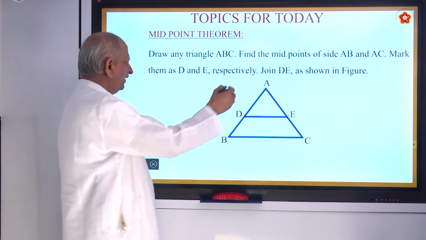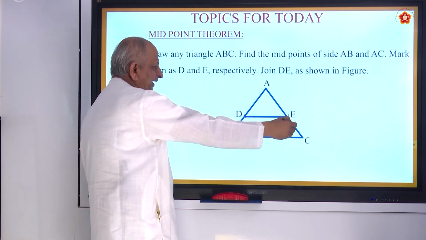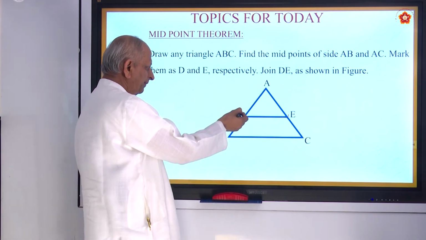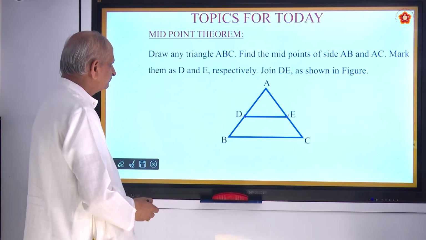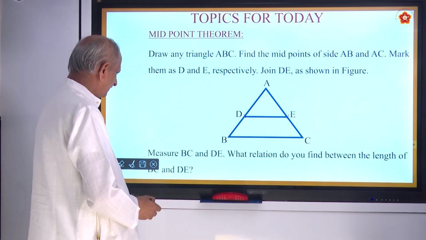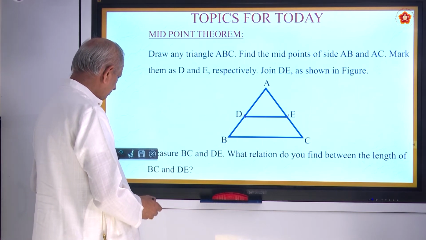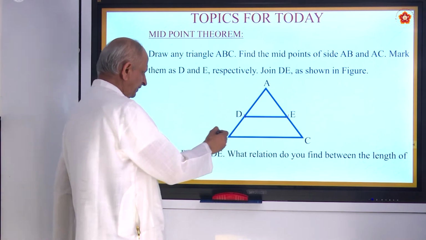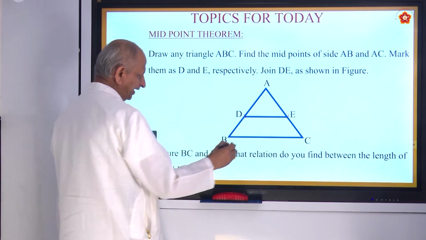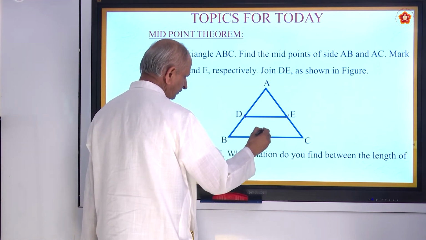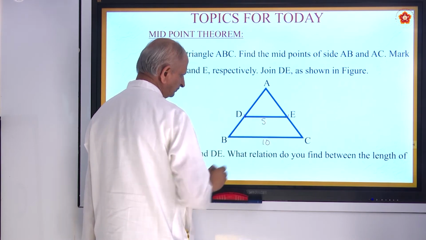So AB is one side, AC is another side. Mark the midpoints D and E and join them. And what are the properties you get? So if you measure BC and DE, suppose BC is 10 centimeters, DE will be 5.